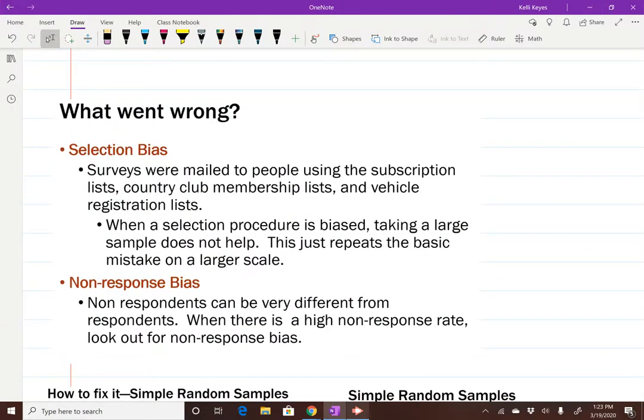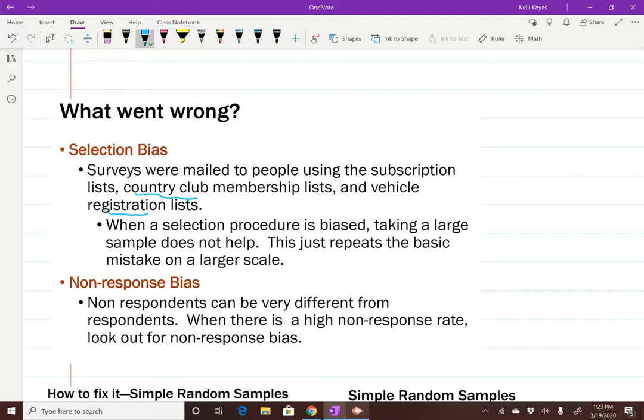So what went wrong is that those surveys were only mailed to people that were on some sort of list, whether it's a membership for a country club, or whether they had a vehicle registered, which, think of back then in 1936, those that had a vehicle, their socioeconomic status is much different than people that did not have a vehicle, right?